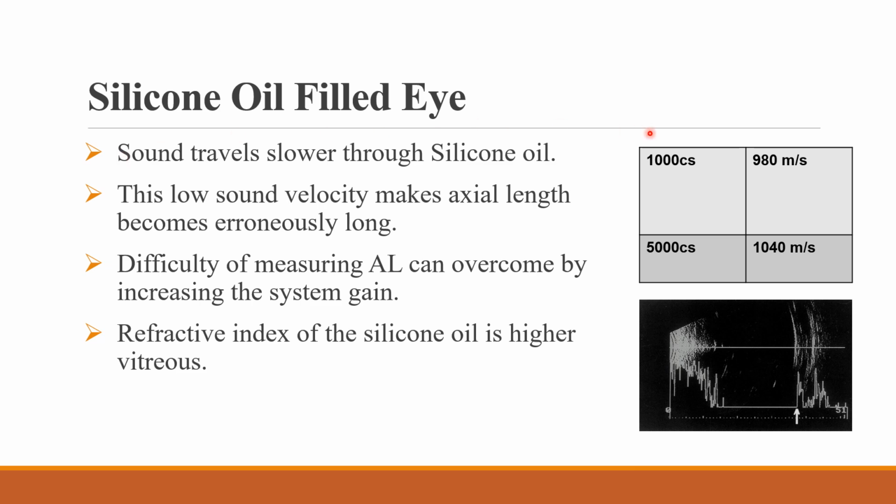Silicone oil filled eye. Sound travels slower through silicone oil. This low sound velocity makes axial length erroneously long. Difficulty of measuring axial length can be overcome by increasing the system gain. The refractive index of the silicone oil is higher than vitreous.